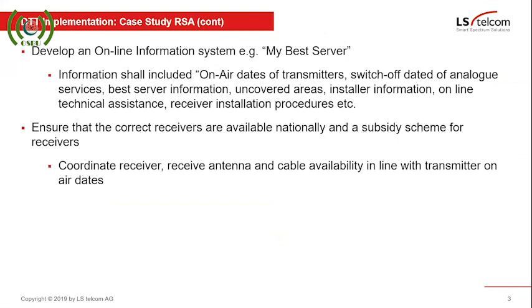What is important is that during the deployment of such a new network, you need to have an online information system, and I think the best to call it is My Best Server or something alike, which will tell all the viewers out there what the latest information is regarding the network deployment.